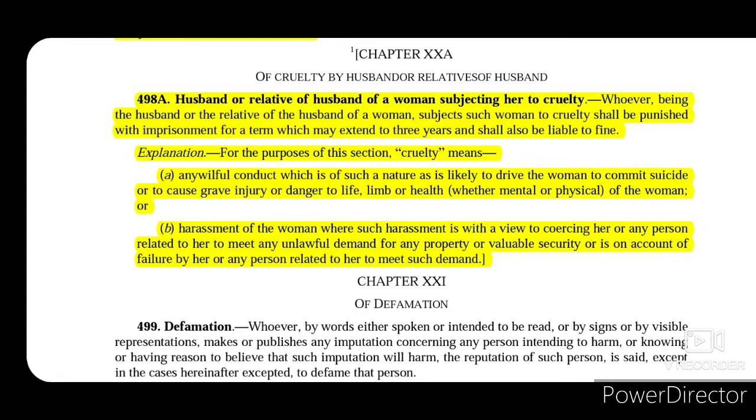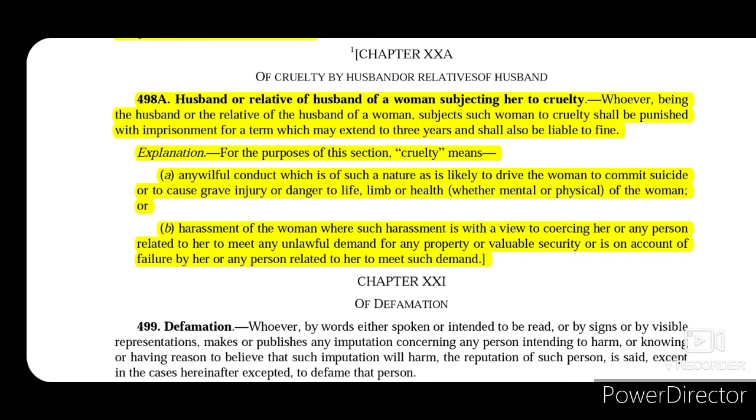So if we carefully understand this section, then we will see that all the physical and mental tortures are included in the explanation. All the willful conducts that drove the woman to commit suicide or cause grave injury or danger to her life, limb or health are covered.